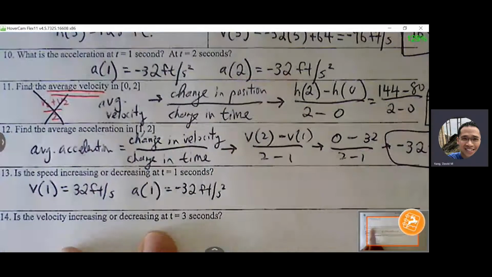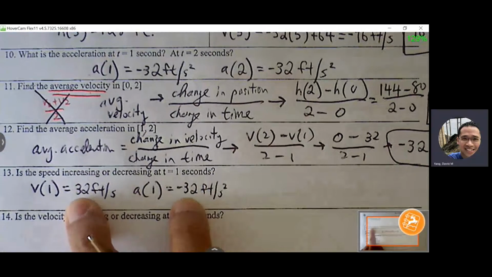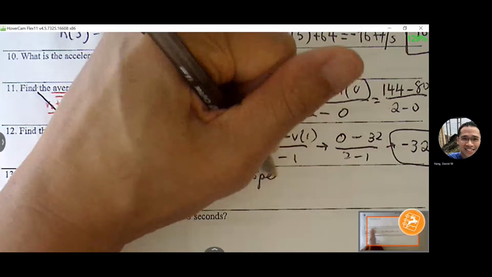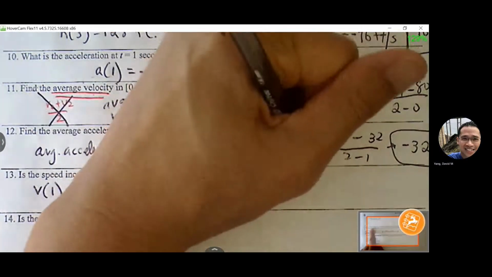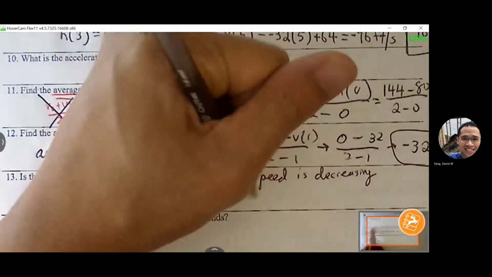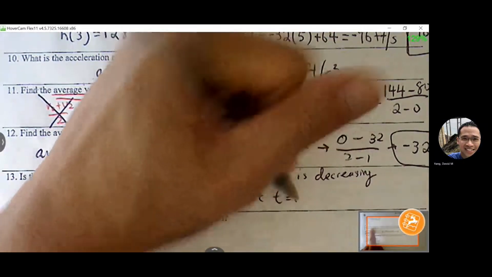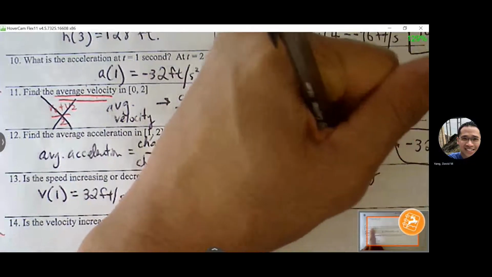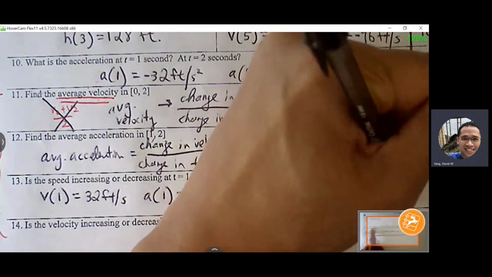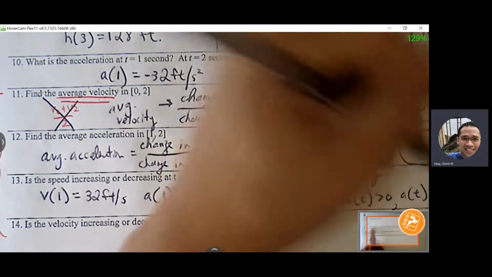So what can we conclude about speed? Decreasing. It's decreasing because the signs are different. So we say speed is decreasing at t equals 1 because v of t is greater than 0 and a of t is less than 0.